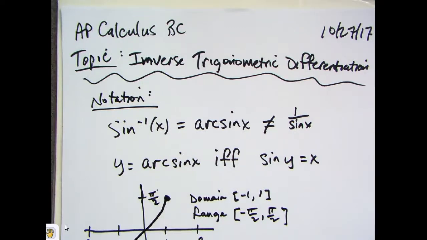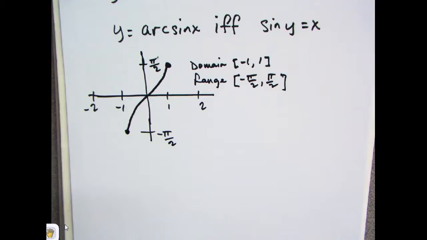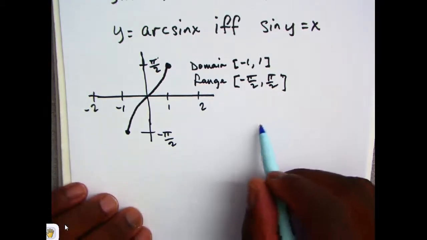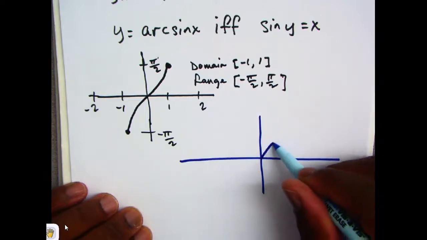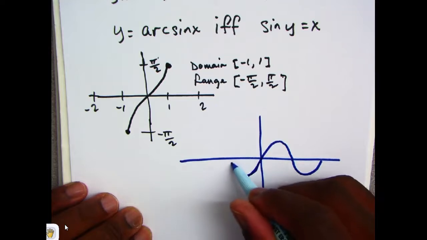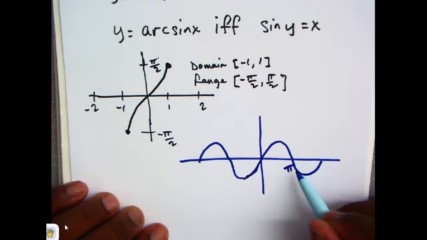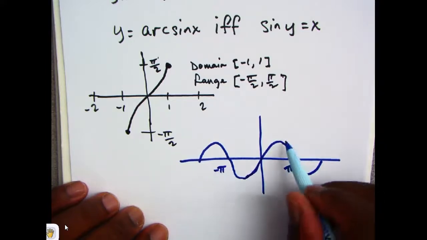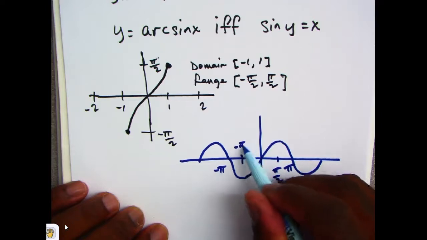Well, where does that come from? What's the story behind it? So again, where does that come from? What's the story behind it? If you recall, the graph of sine of x, so here's pi, -pi, pi over 2, -pi over 2.